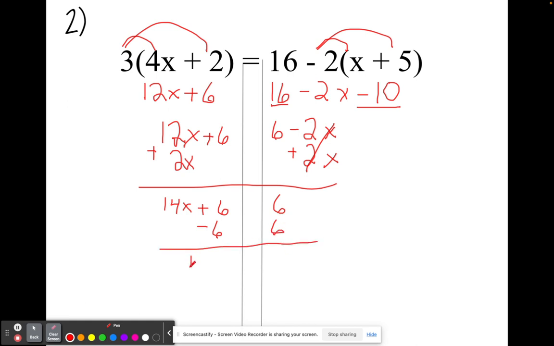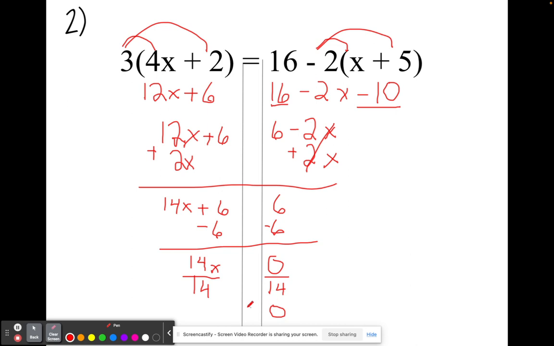And I get 14x. 6 minus 6 is 0. I lost my minus there. So now divide by 14. And 0 divided by anything will still be 0.